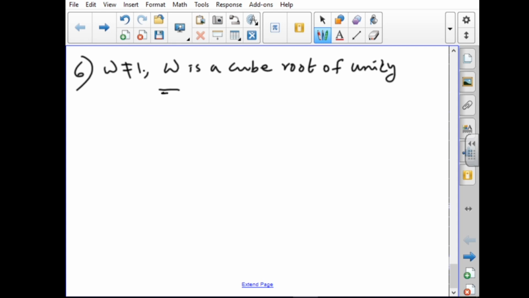So it gives us omega cube is equal to 1 and 1 plus omega plus omega square is equal to 0 by the result we have seen.